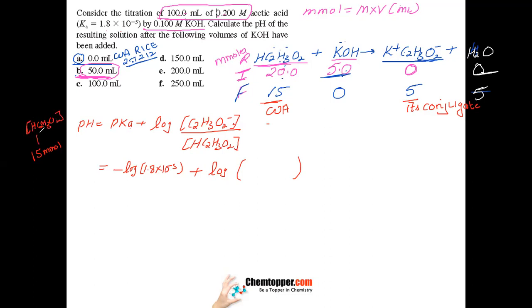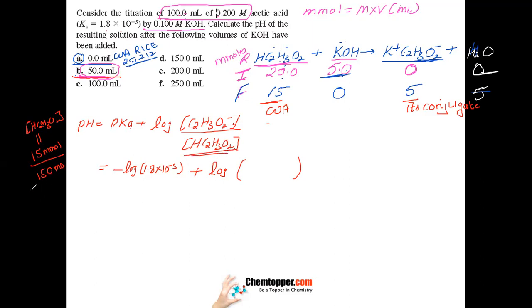The concentration is 15 millimoles divided by the total volume. What's the total volume at this point? Atharva typed it earlier. He said the total volume is 150. Why? 100 plus 50, 150. 15 millimoles divided by 150 ml. That's the concentration of your acetic acid.